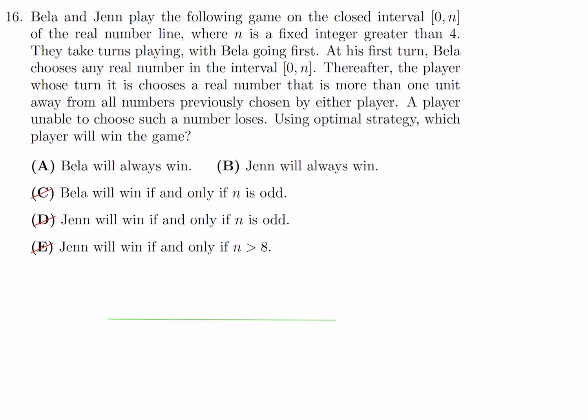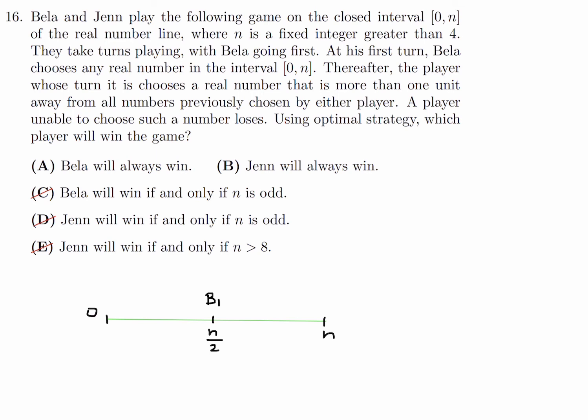When we create a number line, and we have, let's say, 0 and n, and Bella goes first, right? Then to optimize the strategy, Bella will choose a number that's exactly half, to maximize his strategy of winning.